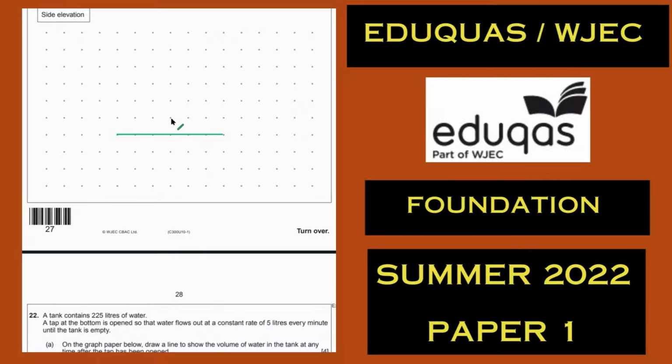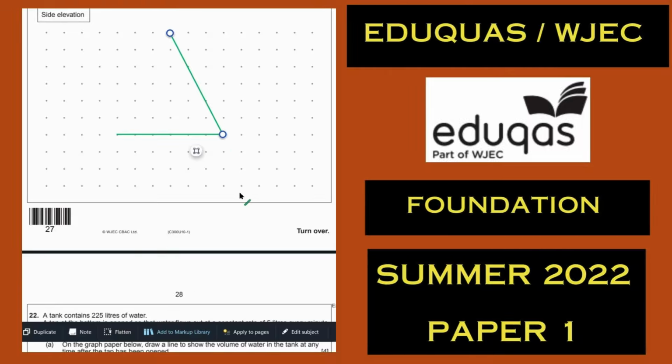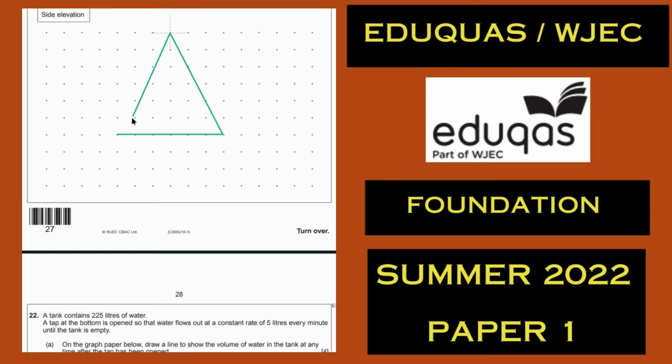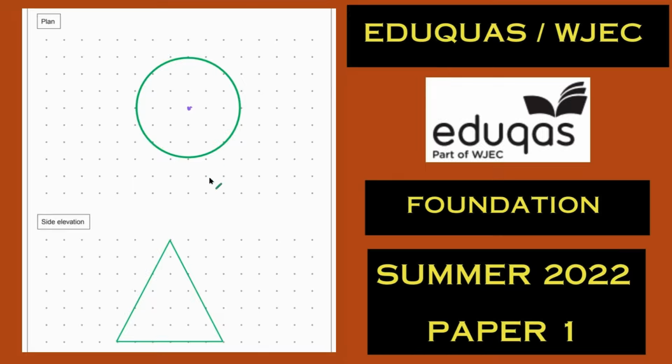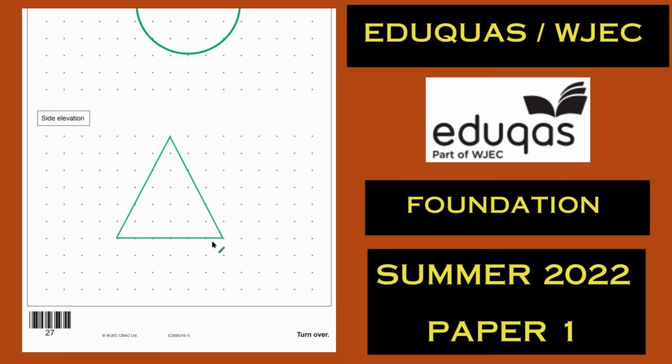The height also 6, so 2, 3, 4, 5, 6. And there you go. Can be anywhere on the grid, but there's your two answers. Diameter of 6, diameter of 6, height of 6. Diagonals not 6, they're a bit longer.